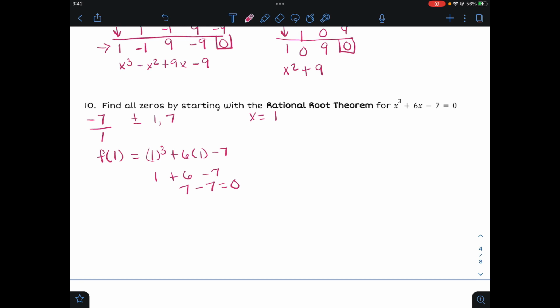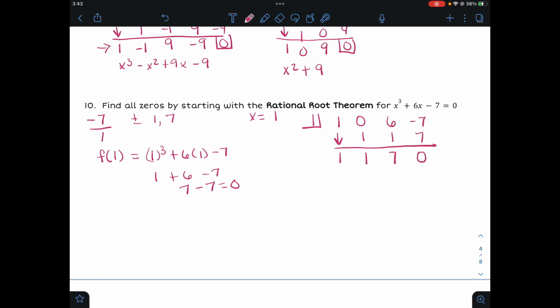So now we can use synthetic division. We're going to put our 1 in the box. We had a 1 for the third. We do not have a second, so we have to put a 0 as a placeholder. And then a 6 and a negative 7. Bring down your first term. We have a 1. 1 times 1 is 1. Add them together. 1 times 1 is 1. Add them together. 7 times 1 is 7.